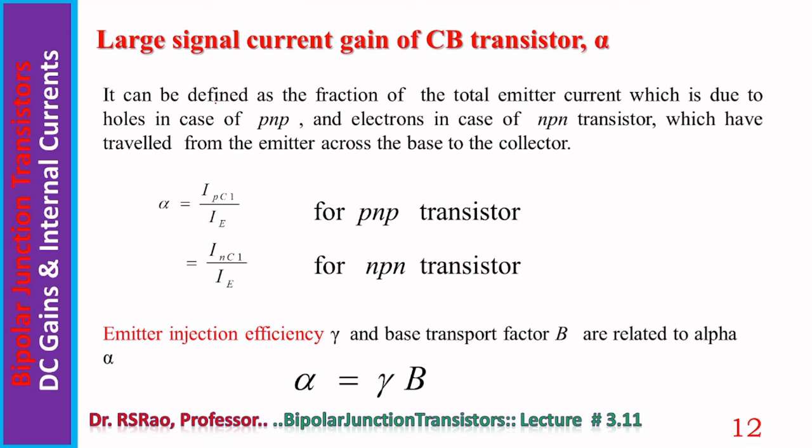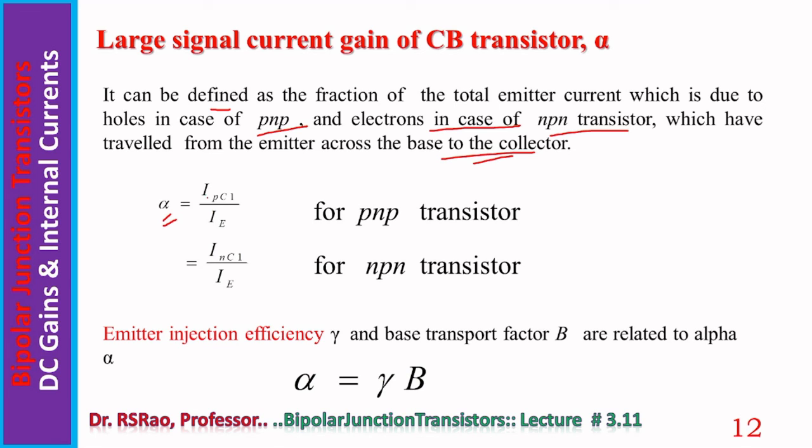Alpha has already been defined, but that definition is in terms of terminal currents. Here is another definition, in terms of internal currents of the transistor. Alpha can be defined as the fraction of total emitter current, which is due to holes in case of PNP and electrons in case of NPN transistor, which have traveled from the emitter across the base to the collector.